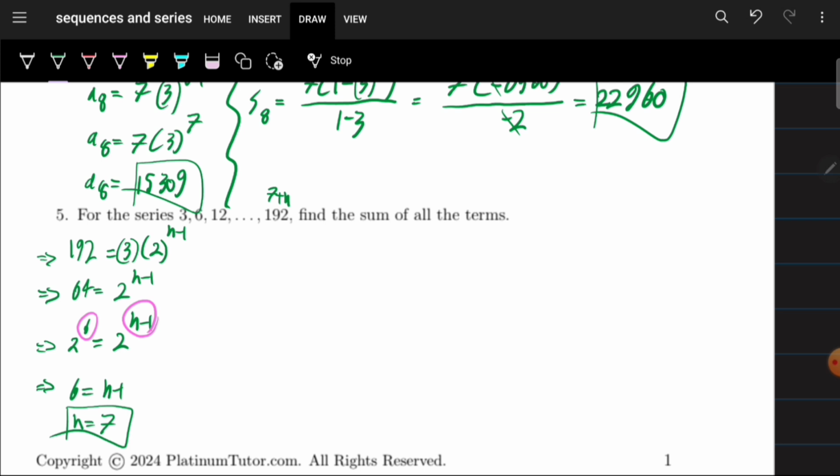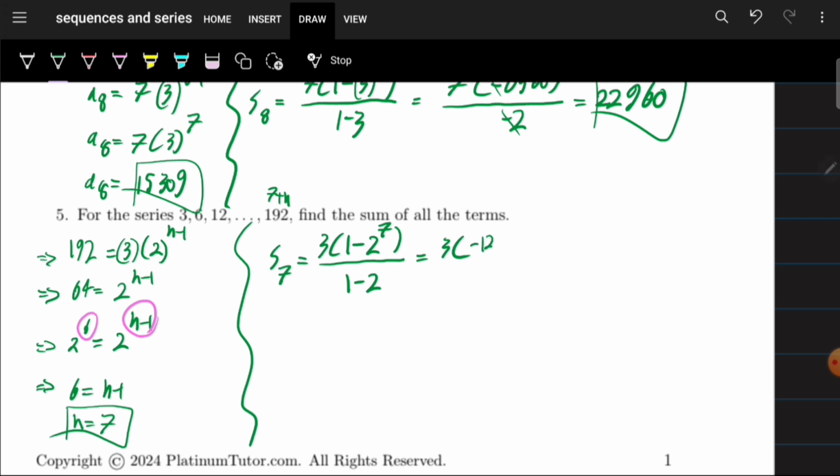Okay. Now let's find the sum. So the real question was to find the sum of all the terms. So S7 is equal to the first term times 1 minus the common ratio of 2 to the power of 7 all over 1 minus 2. So this is going to be 3 times, let's see what this comes out to, 1 minus 2 to the power of 7.